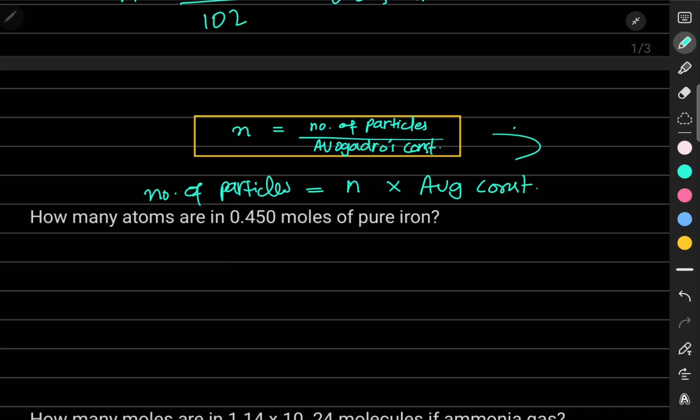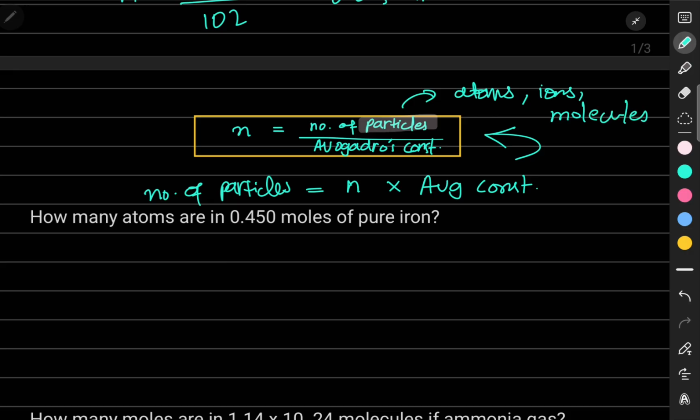One important thing to note here is that we say number of particles. We're not saying number of molecules, number of ions or atoms. We're saying particles, which means it includes atoms, ions, molecules.